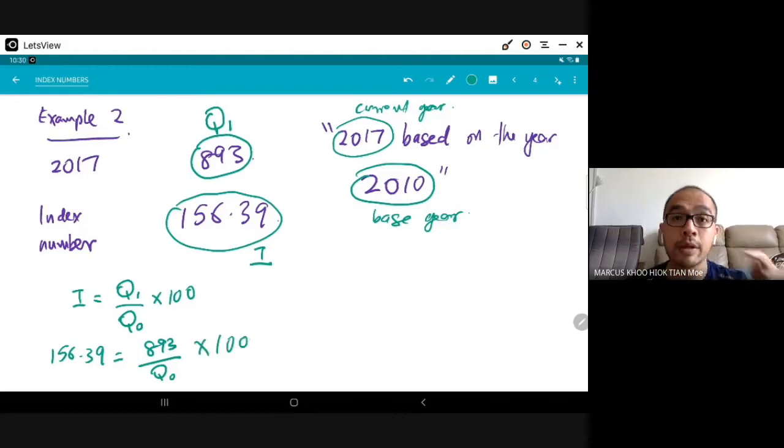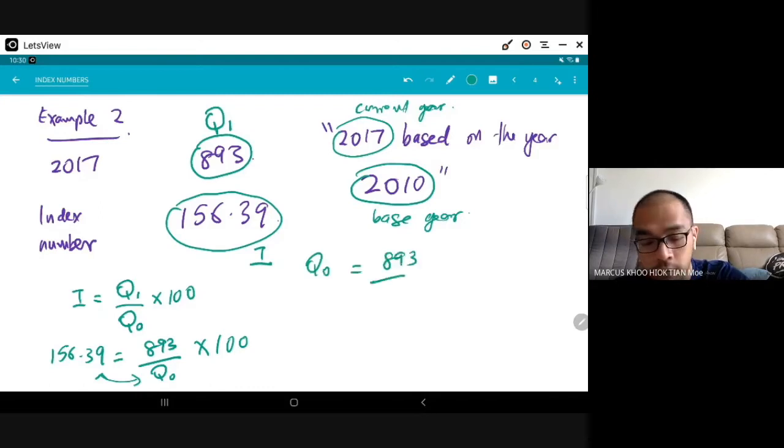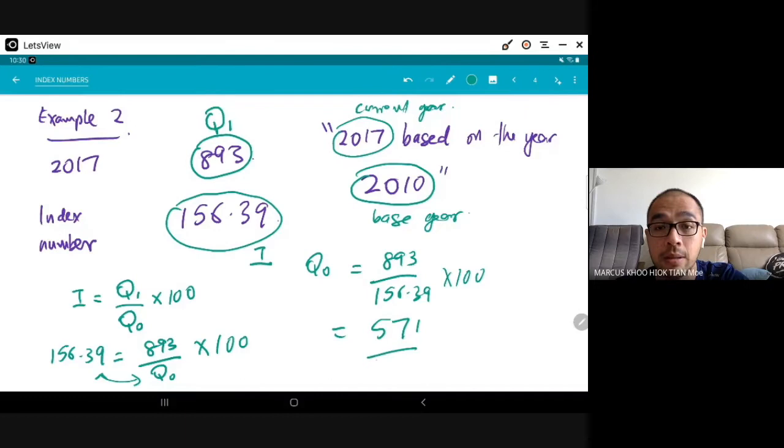It's very important that we know which one is the base year, so that we don't put the numbers wrongly. Otherwise, it becomes difficult. So how do we find this? We bring the Q0 up and bring the 156.39 down. So Q0 equals 893 over 156.39 times 100. You get about 571.